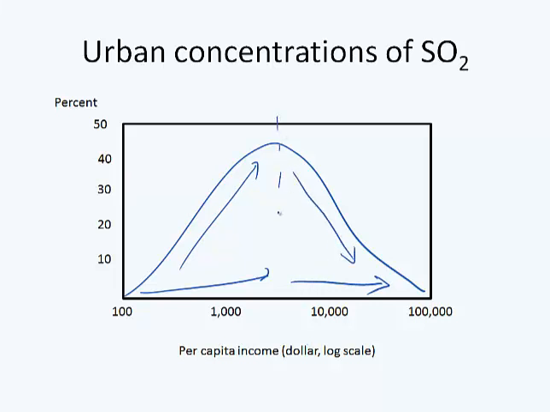So you can clearly see initially the increase in per capita income worsens the problem of sulfur dioxide, and then a further increase in per capita income addresses that problem.